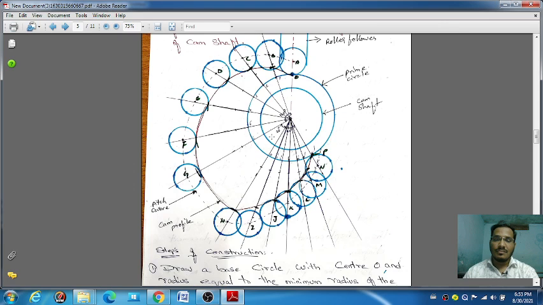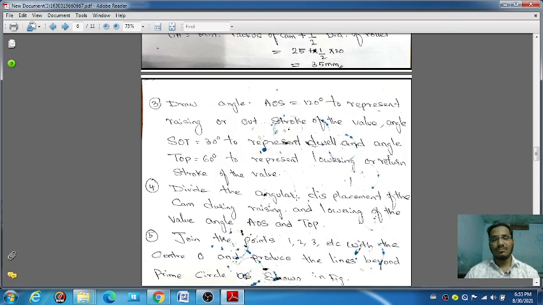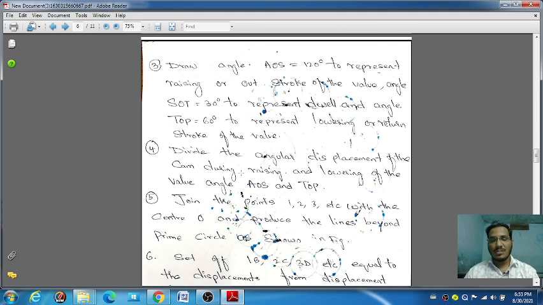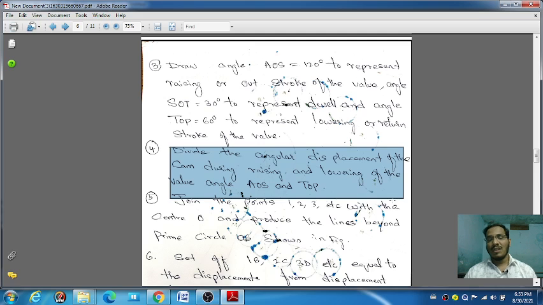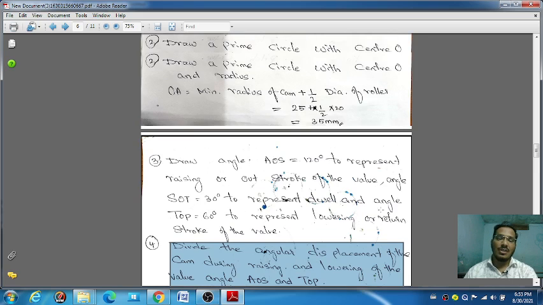Next, divide the angular displacement of the cam during raising and lowering, the angles AOS and the return stroke.